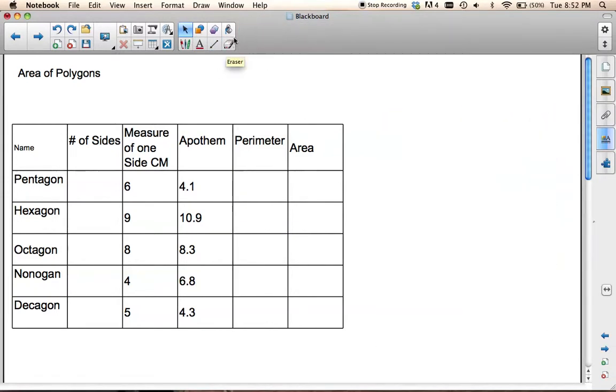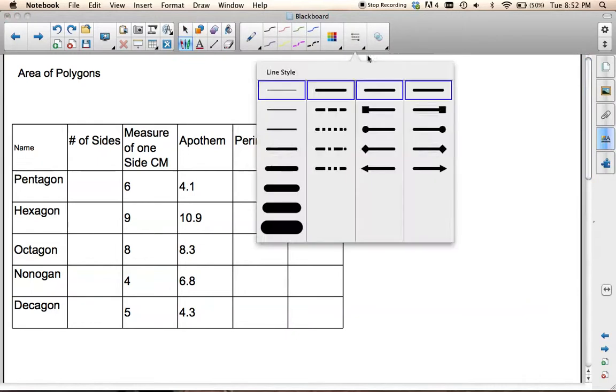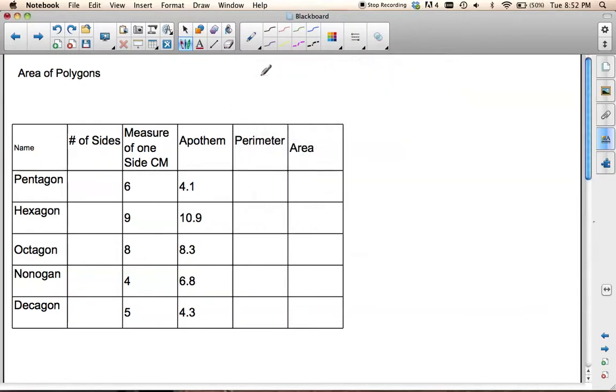Now there were 2 formulas that we talked about in class. The first one was our formula for perimeter. We said perimeter was the length of one side of a polygon times the number of sides that it had. And we said L was equal to length and N equaled number of sides.